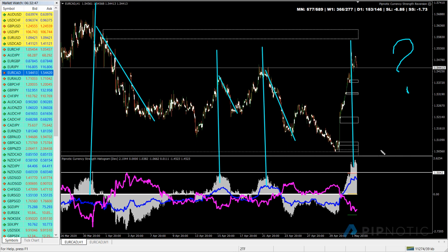away. You can do the same thing below price here, where price was here and it went higher, price was here and it went higher. And the same thing happens here. Here we had some really nice divergence, where we had an increase in the strength of the euro relative to the Canadian dollar.